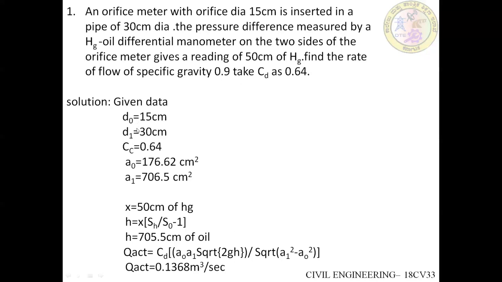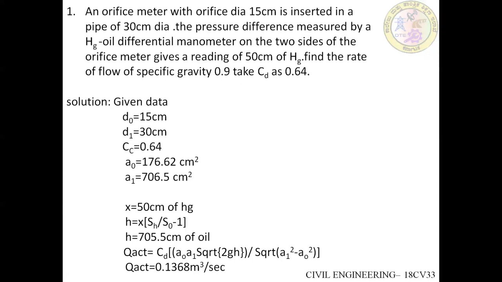So DO, the orifice diameter, and the pipe diameter are given, and the CD value is given. So you can determine AO and A1 by using pi DO square by 4 and pi D1 square by 4. The X value is given. Following the same case we referred to for the venturi meter, we calculate the H value. The same formula holds good for the orifice meter also.